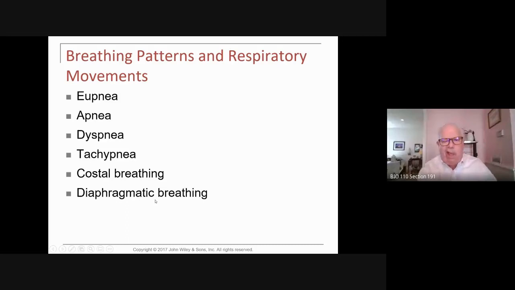The old thing in medicine is C5 keeps you alive, because if you have a fracture of your neck above C5, it will affect the spinal cord and you will no longer be able to breathe. So that's important, okay? C5 keeps you alive. The phrenic nerve stimulates the diaphragm to breathe.